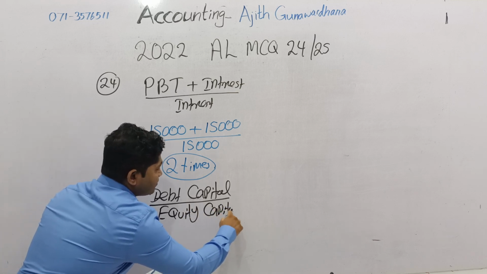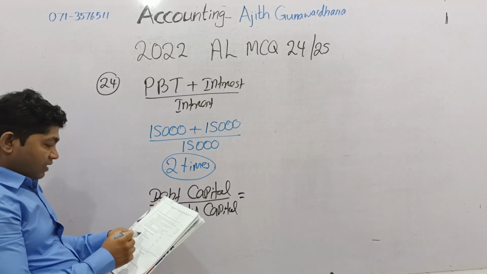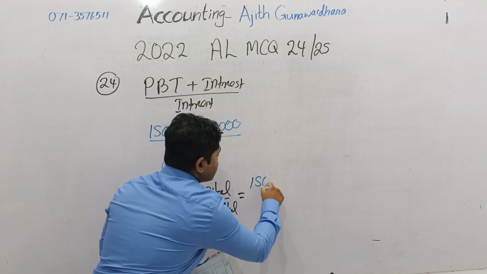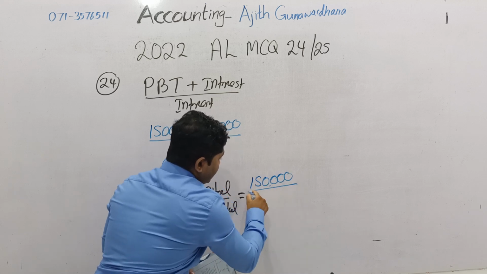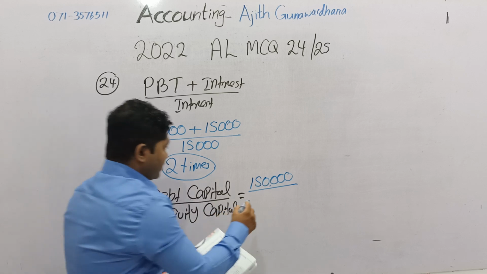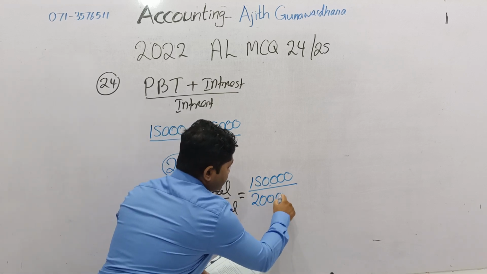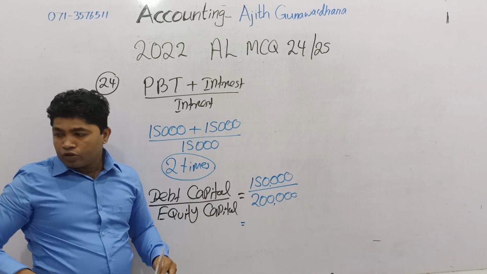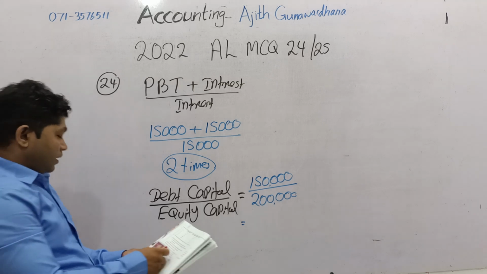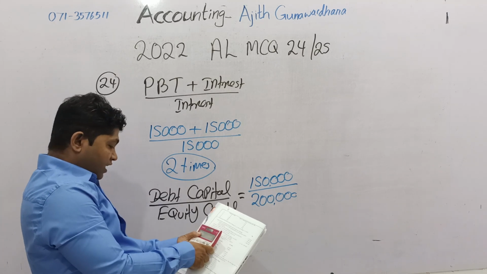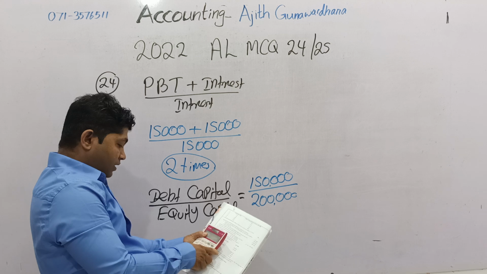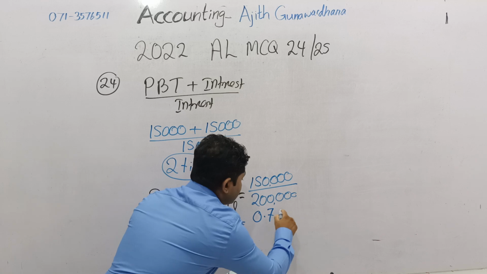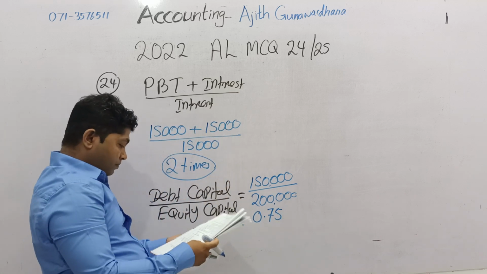In this example the bank loan value, 150,000, is the debt capital, and equity capital is given as 200,000. Therefore 150,000 divided by 200,000, the answer is 0.75, the debt equity ratio.